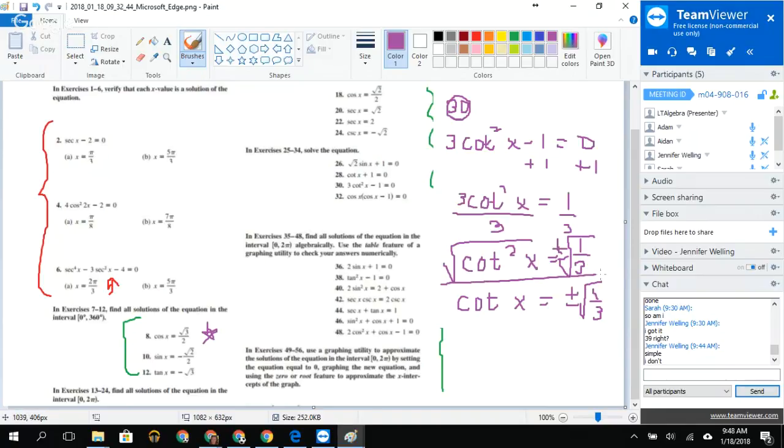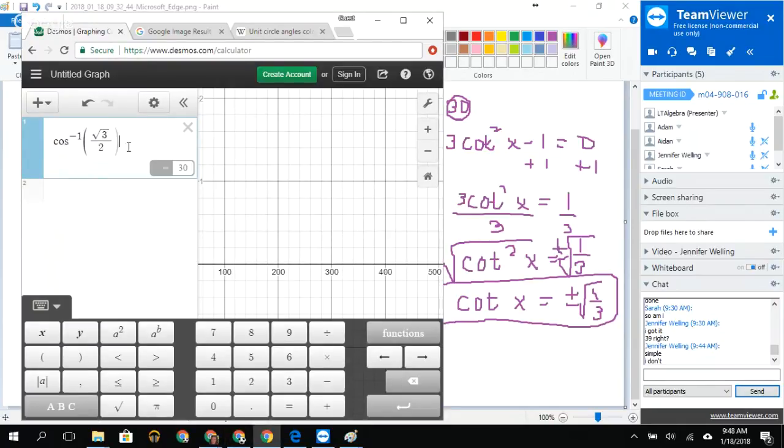We have multiple ways that we can try to solve this equation. The easiest way is obviously going to be graphing. So we can graph the cotangent of x on one side and plus or minus the square root of 1/3 on the other side. Let's do that to get a baseline.